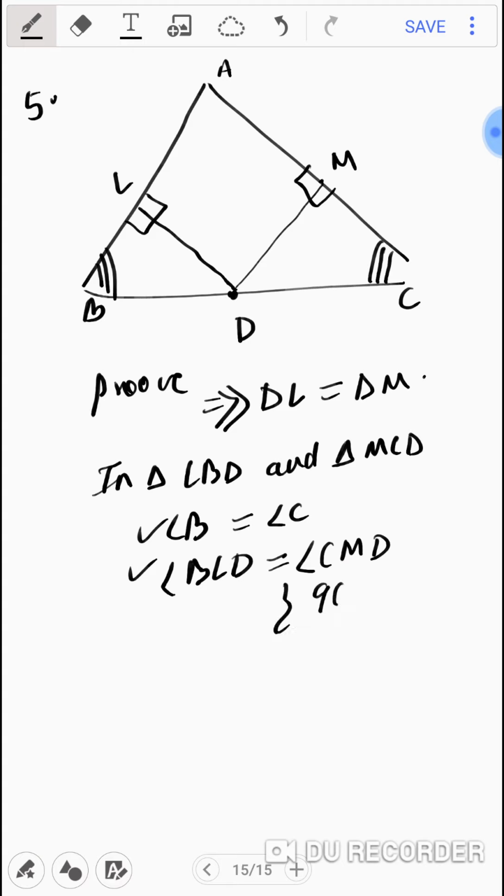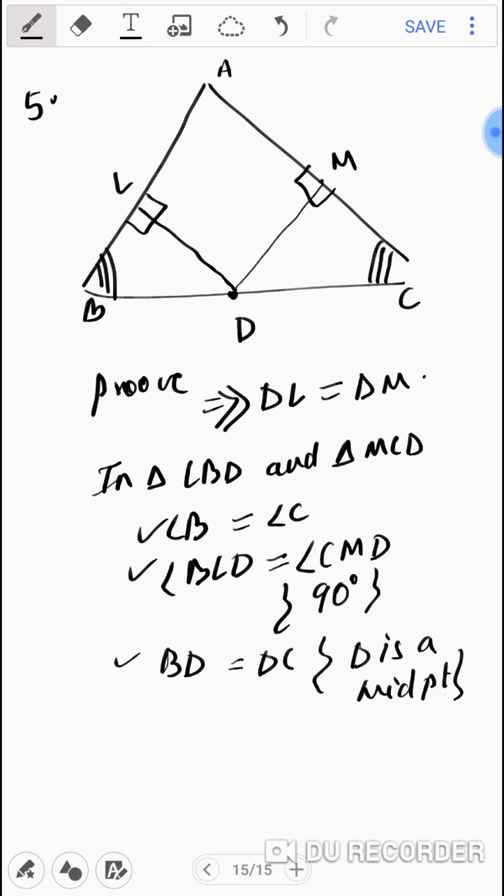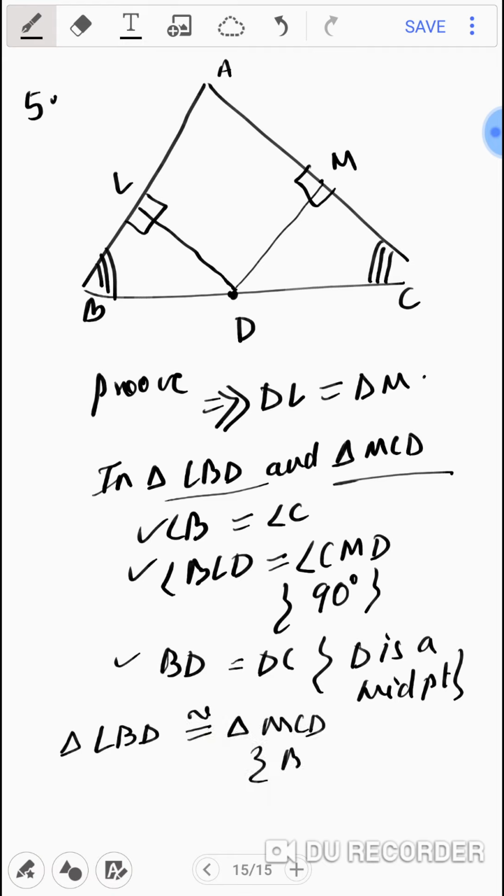Why? Because each is 90 degrees. And your third reason will be BD is equal to DC. Why? Because D is a midpoint. Hence, we can say that the two triangles are congruent. So, triangle LBD is congruent to triangle MCD. By which test? Angle, angle, side. Two angles are there and one side is there.